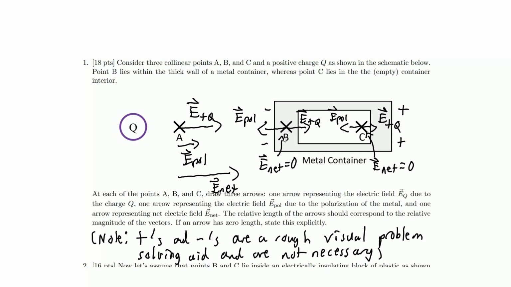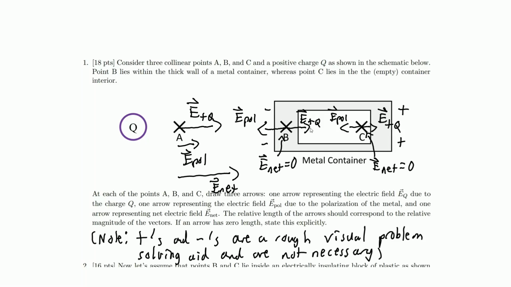And then at point B, we're solving for the polarization of the metal as well, and that is going again from positive to negative. So this time it's going to the left, since the polarization of the block is positive on the right and negative on the left.